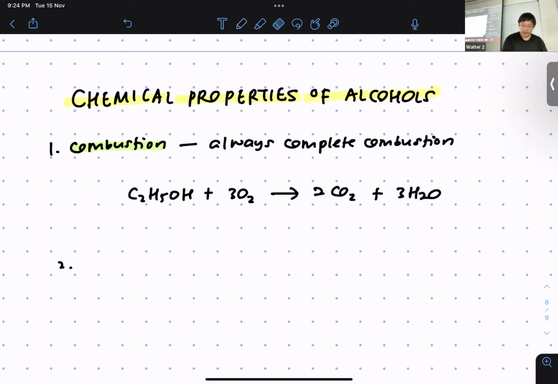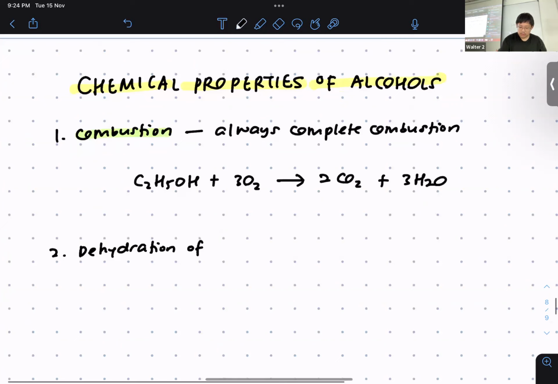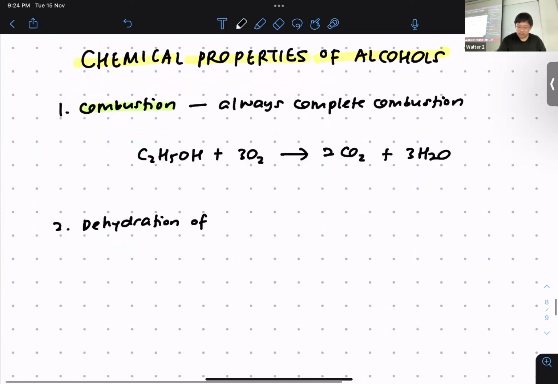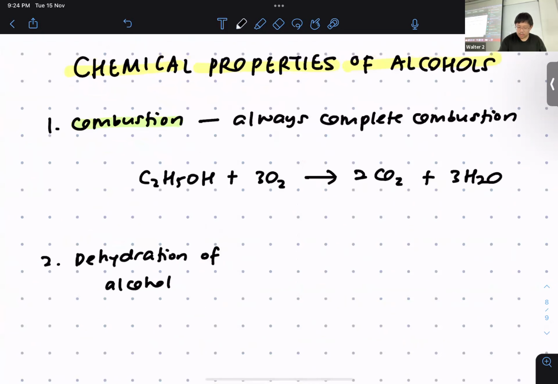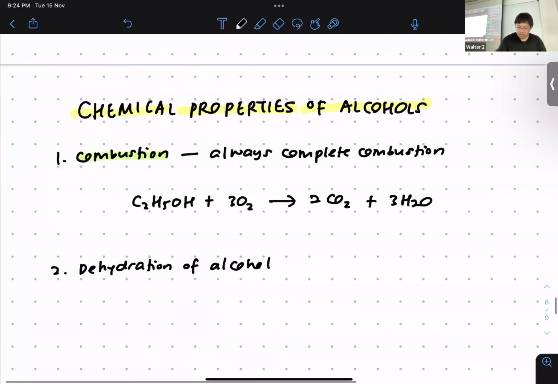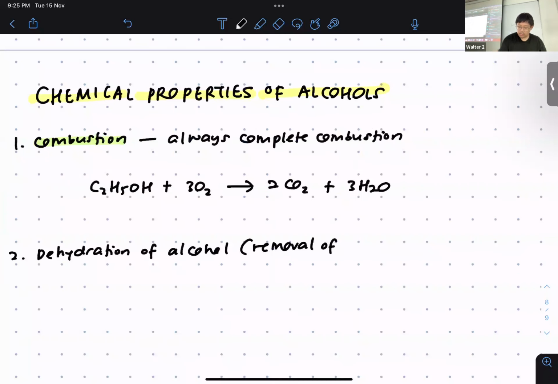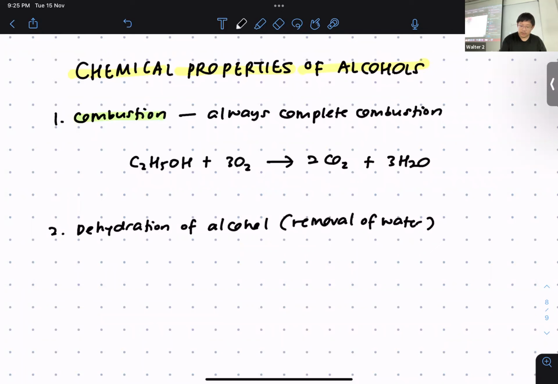Second one, we have dehydration reaction, which is the conversion of alcohol back into alkenes. So for the removal of water, what happens here is that you must remember this reaction condition.